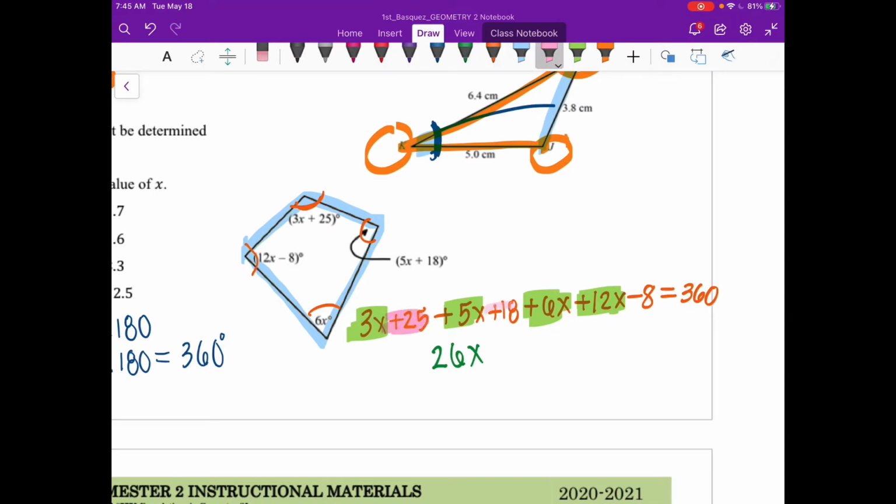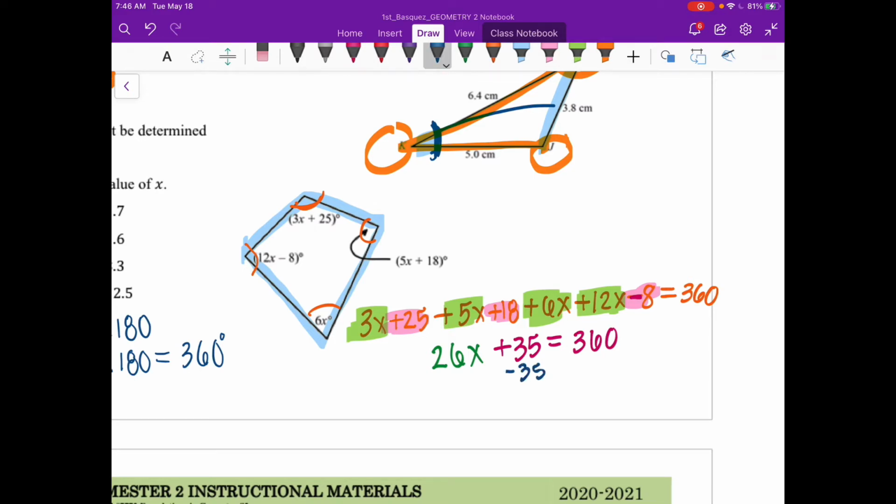And then I'm going to do the same thing with my numbers. So 25 and 18, and then the minus 8, make sure you take that negative into account, and that should give you a positive 35. And again, this is going to equal 360 degrees, so I'm going to continue to solve for x.